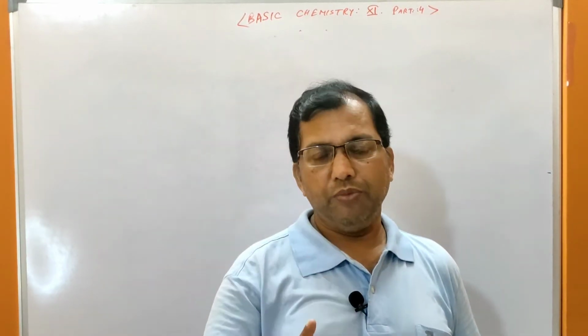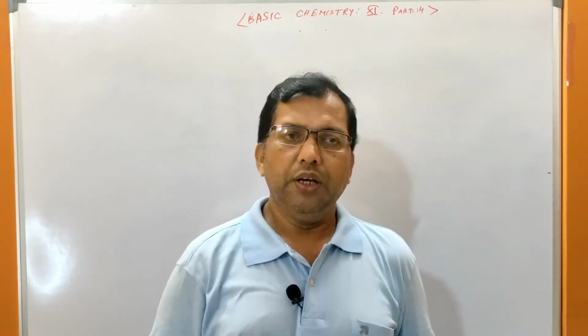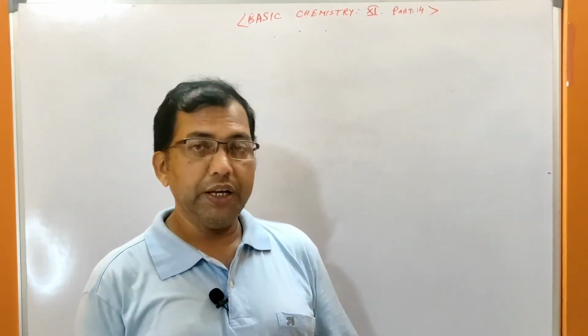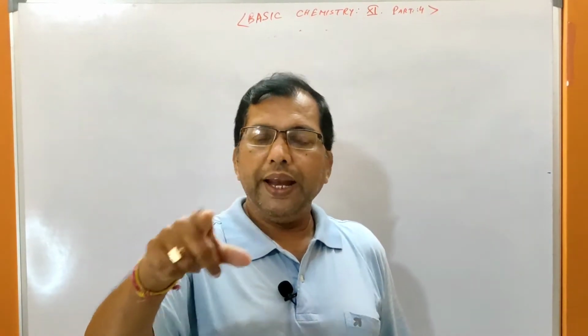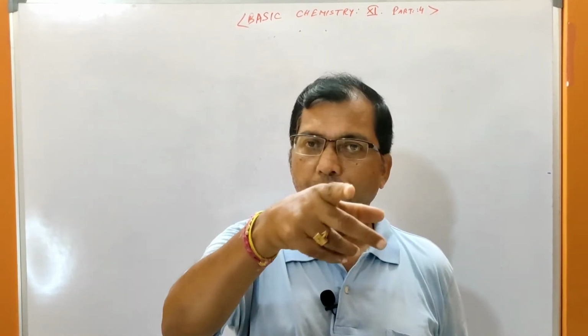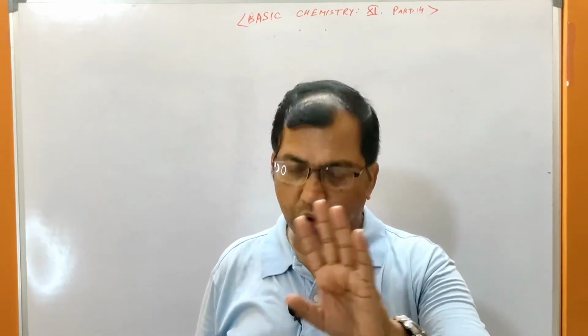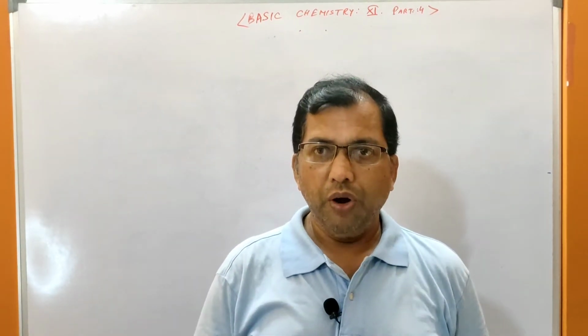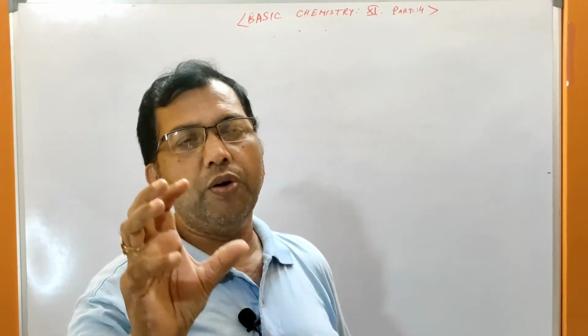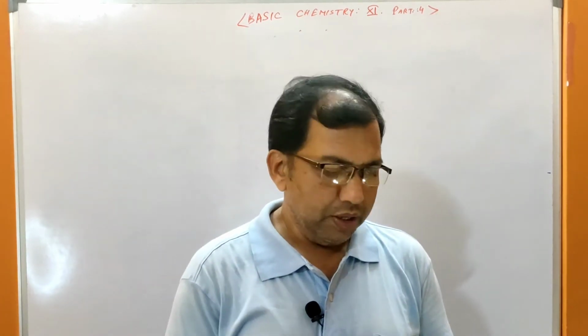First, what is empirical formula? Listen. Molecular formula you know, and how to find molecular mass you know. The empirical formula expresses the simplest whole number ratio of various atoms present in a compound. Clear?